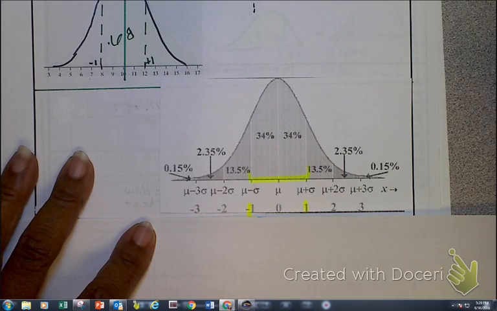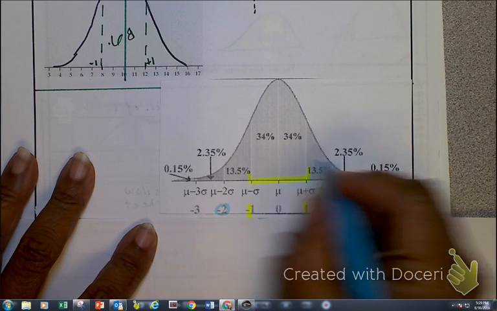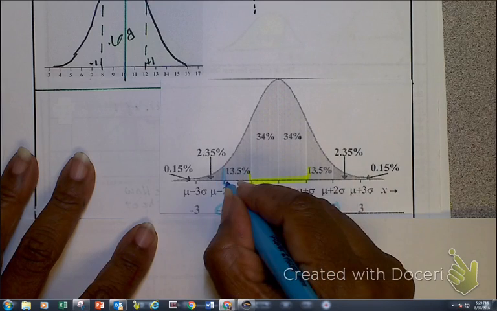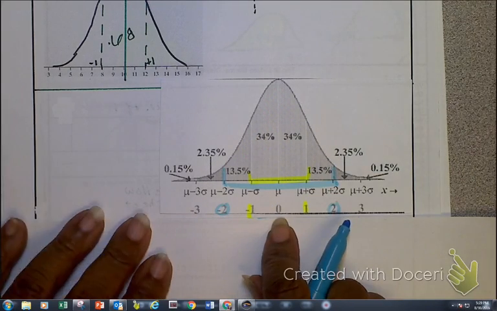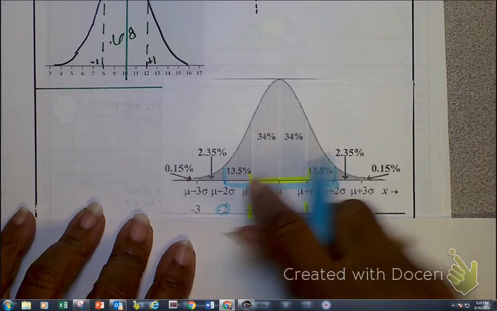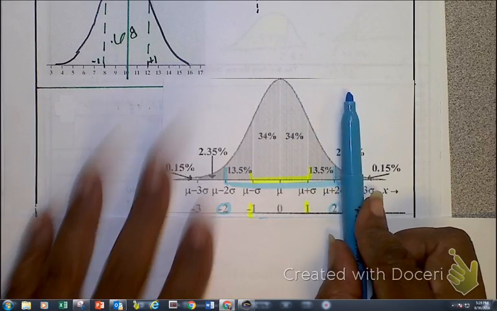Okay, next. Now let's look at two standard deviations within the mean. As I look at that, that is the middle 95%. And as I look at the middle 95%, well, that means that this half is 47.5 and this half right here is 47.5.